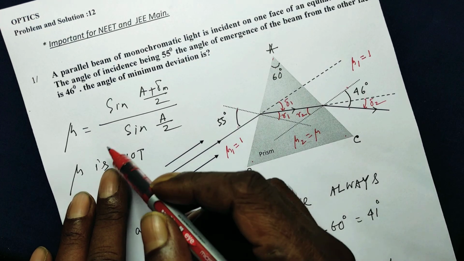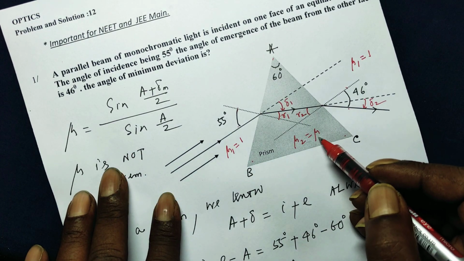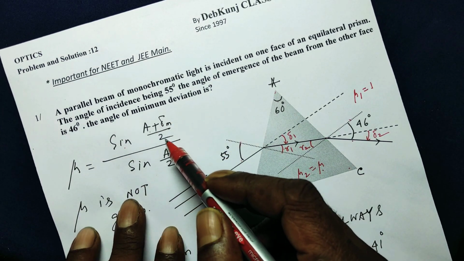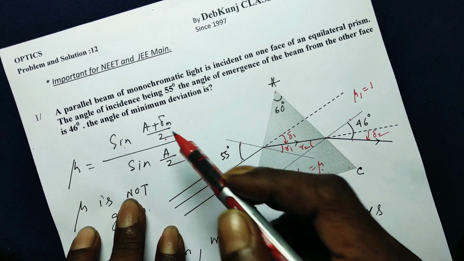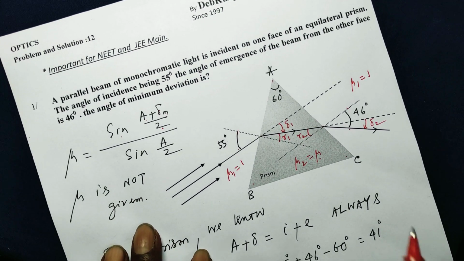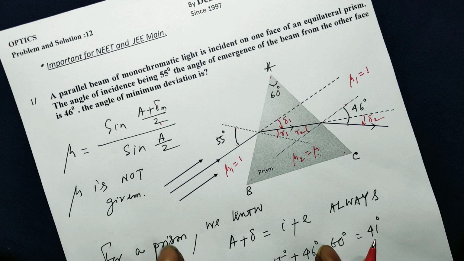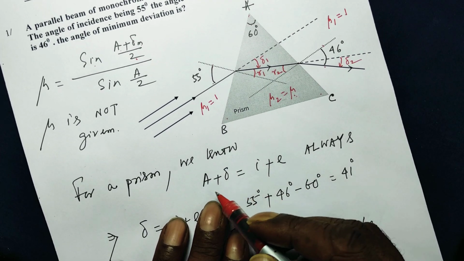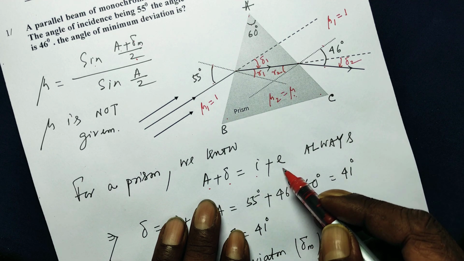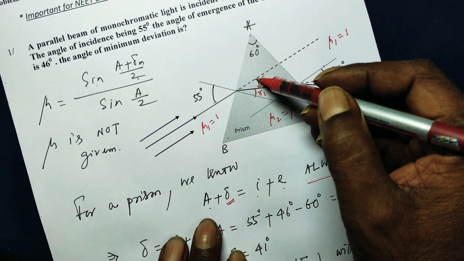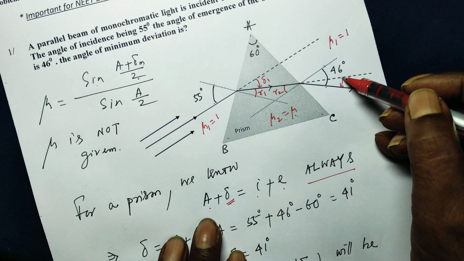But we know this much, during minimum deviation, the refractive index of the prism is given by the expression sin of (A plus delta m) by 2 over sin A by 2, where delta m is the minimum deviation. Now, mu is not given. And for a prism, we also know A plus delta is always equal to I plus E, where delta is the total deviation, means delta 1 plus delta 2.